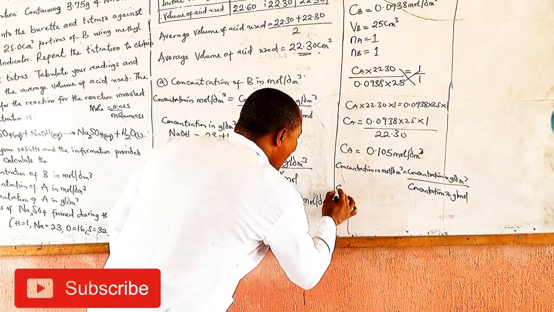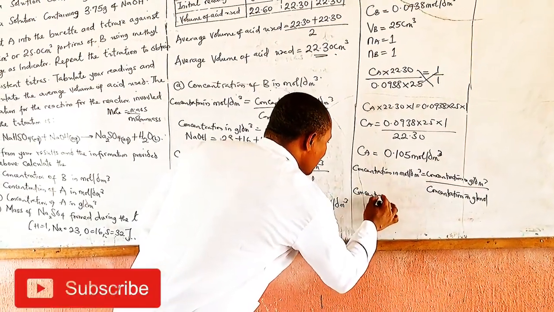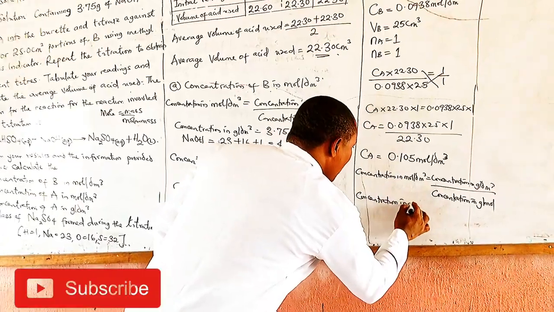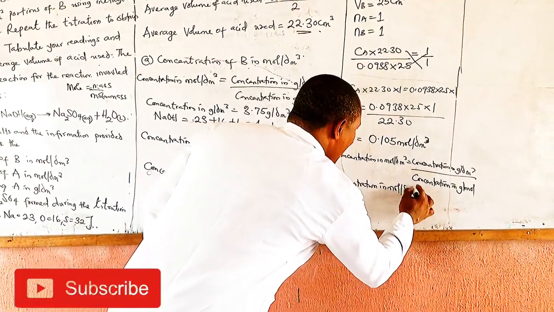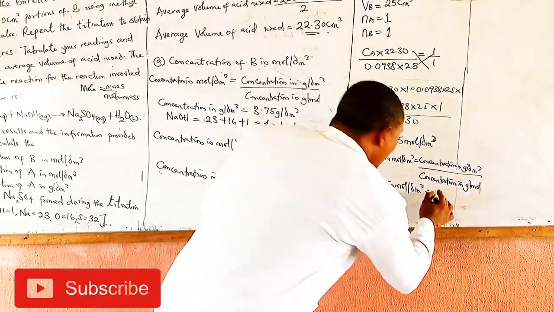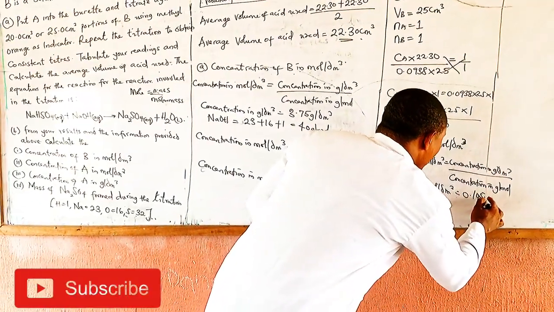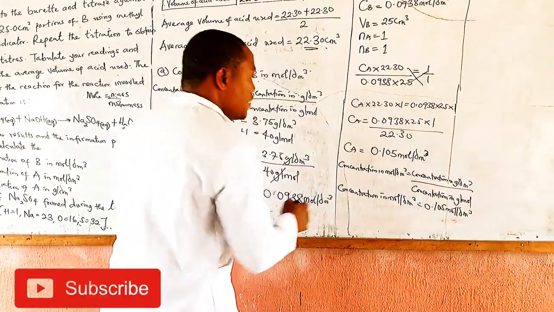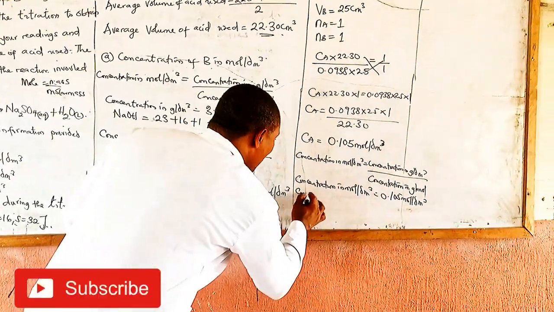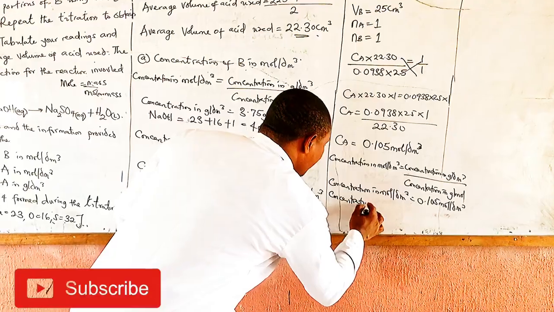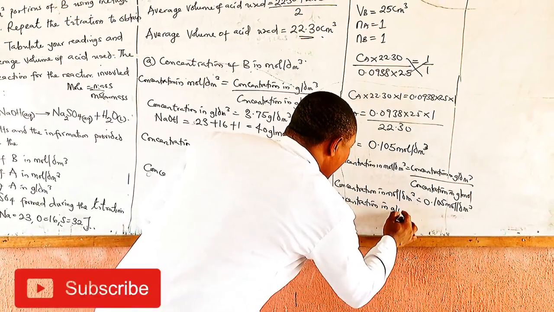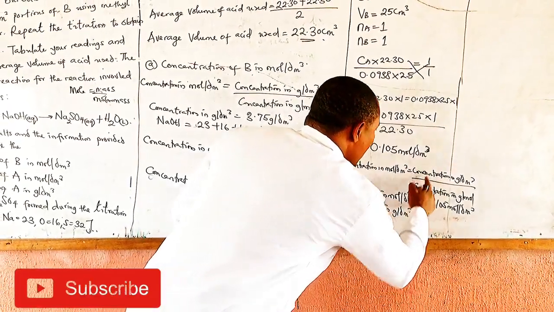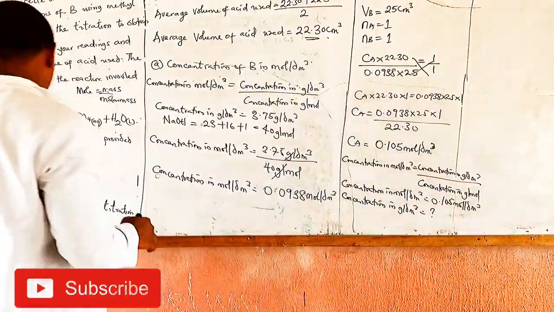So here our concentration in mole per dm cube is 0.105 mole per dm cube. I hope we are following. Then our concentration in gram per dm cube is what we are looking for according to the question.